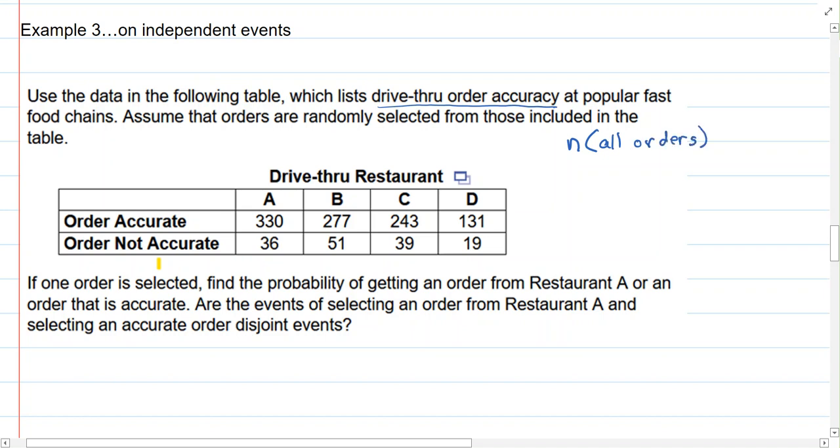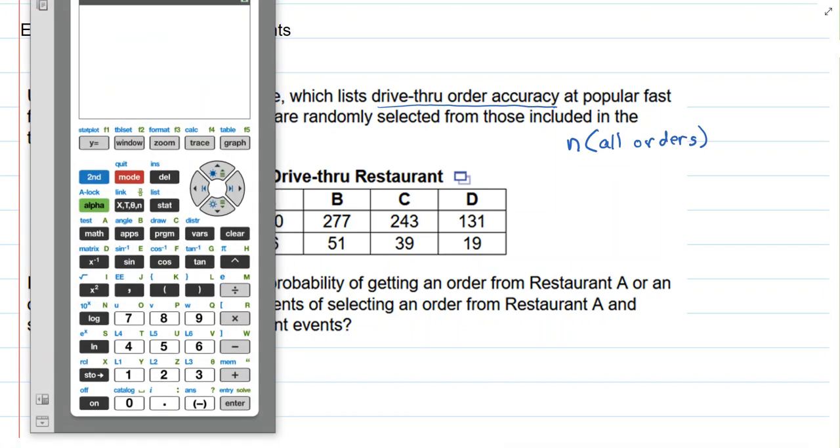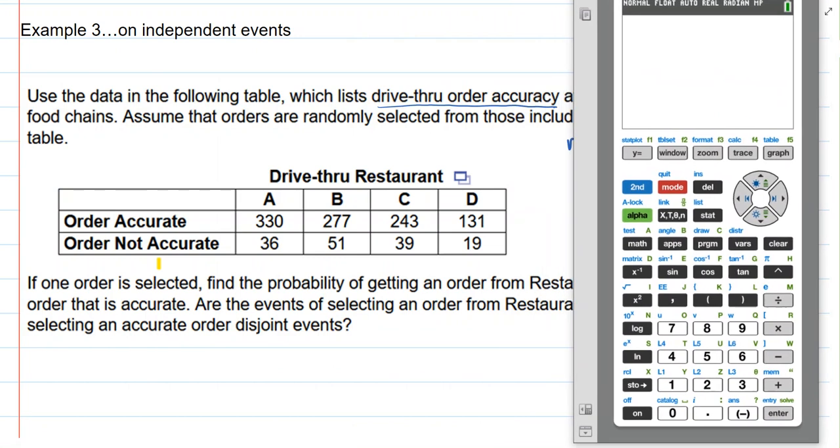So that means that I'm going to have to add and find the total. So I'm going to use my calculator. And I'm going to add across and see what I get. 330, 277, 243, 131.